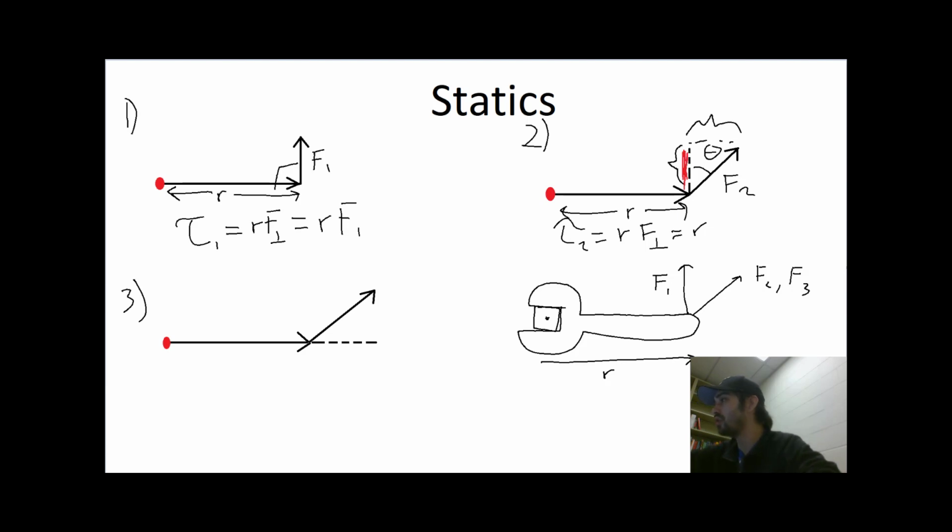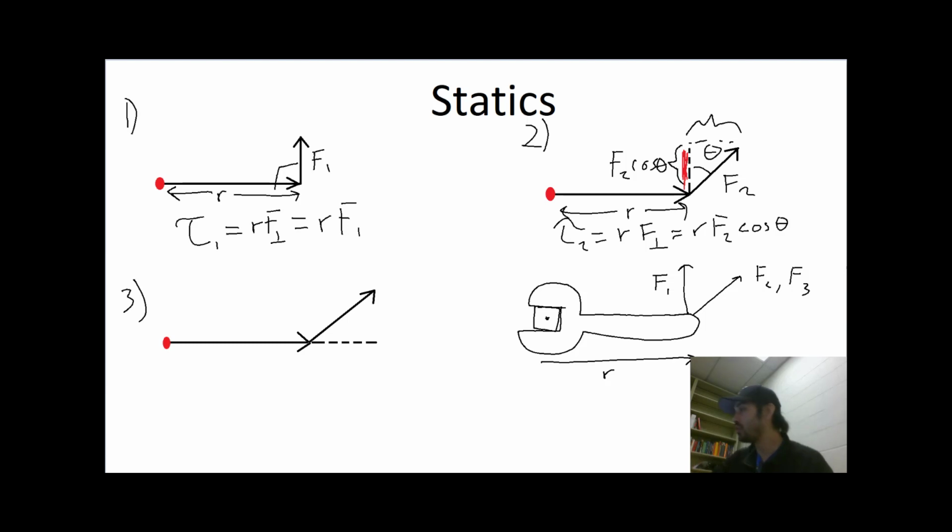That side is going to be F2 times cosine of theta, because the cosine is the adjacent over the hypotenuse, and this is the adjacent side to the angle. So this tells us then that r times F perpendicular for case 2 is going to be r times F2 times cosine of theta.